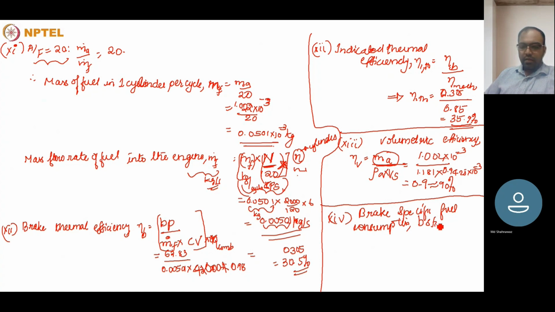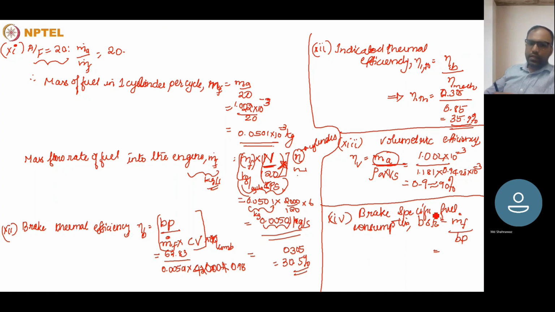BSFC is equal to the mass flow rate of fuel divided by the brake power, while the engine specific volume will be the volume flow rate divided by the power, the volume flow rate of air.